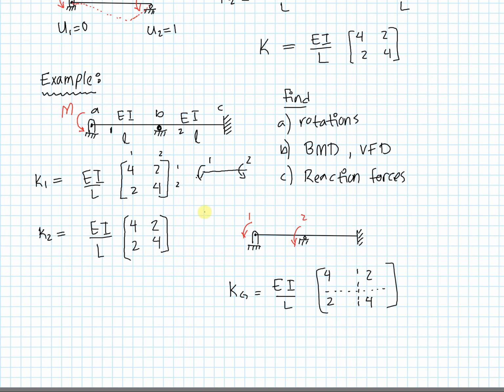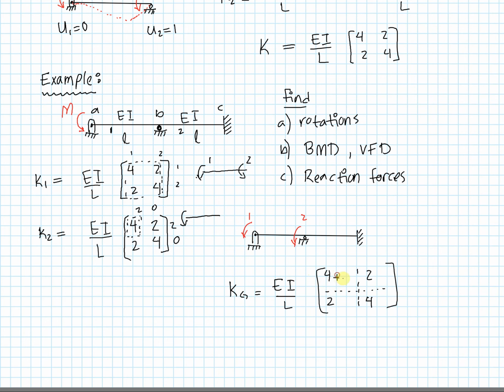And then I want to do the same thing with the second element. With the second element, only the second global degree of freedom overlaps, and it overlaps with the first degree of freedom. So what I get is 0, excuse me, I get 2, 0, 2, 0. So this is the only element that will end up in my global matrix, whereas in the first case, the entire matrix ended up there.